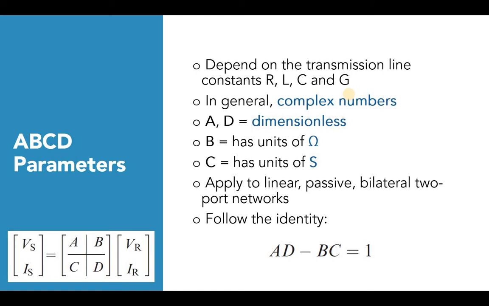Since we have three types of transmission lines, we have several sets of ABCD parameters, which are unique to each approximation and type of transmission line.